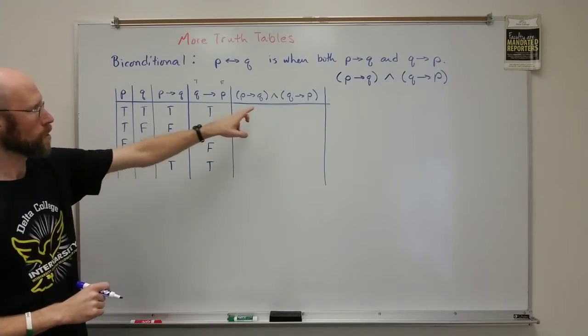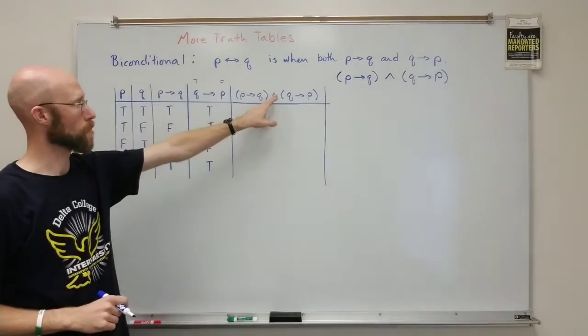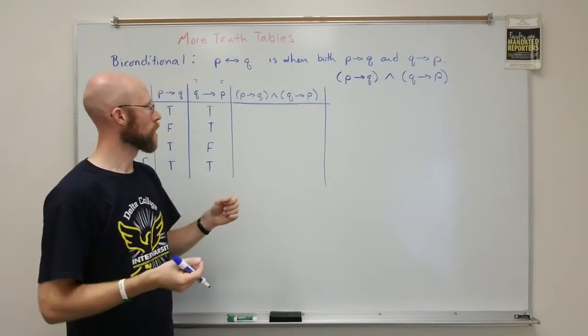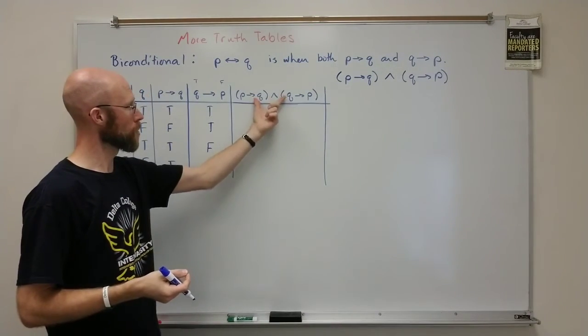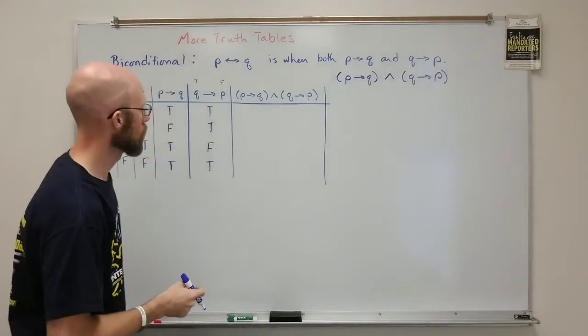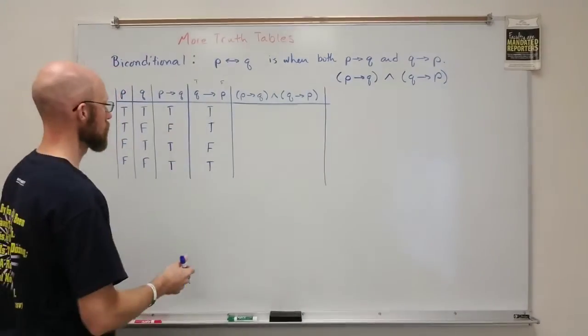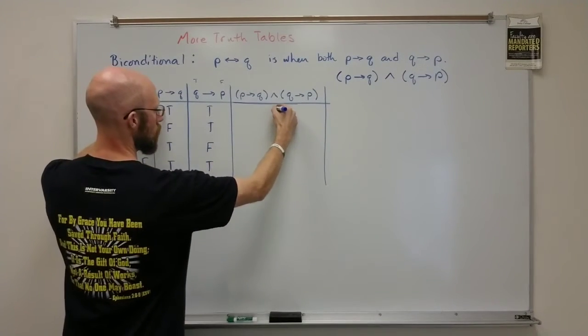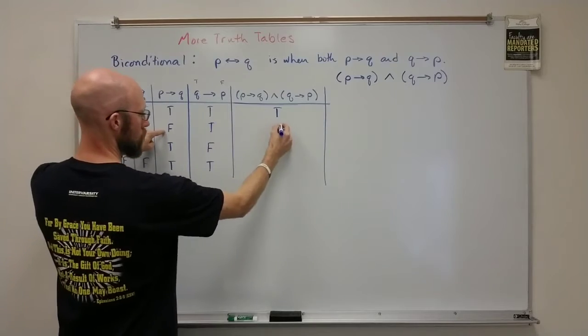And then with the conjunction, remember a conjunction is true when both parts are true, and false everywhere else. So as long as both of these are true, I have true, true here. I have false, true, so that's false.